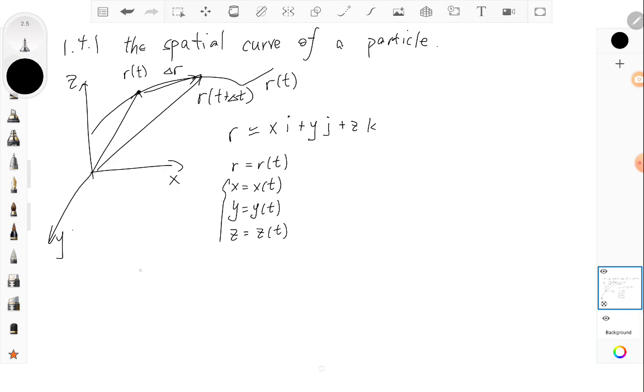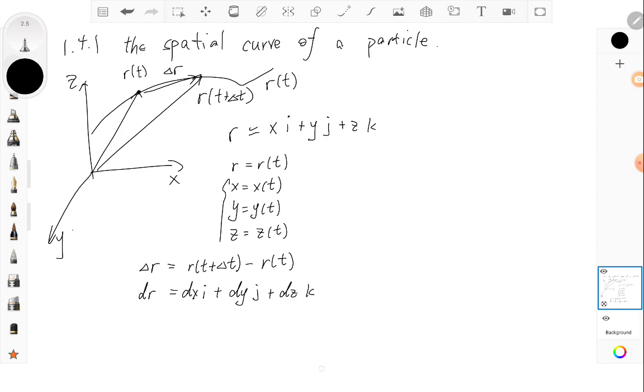So the delta r, the displacement between t and t plus delta t, is equal to r(t plus delta t) minus r(t). And thus, the infinitesimal movement dr can be decomposed as dx i plus dy j plus dz k.